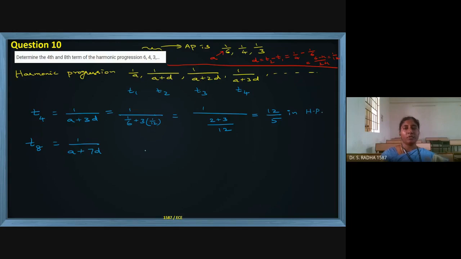Coming to the eighth term, 1 by 6 is the A value, plus 7 into D value 1 by 12. You make LCM in the denominator as 12. It becomes 2 plus 7, and if you invert, it becomes 12 by 9. If simplification is possible, we can do it. It is 4 by 3. In harmonic progression, this is the eighth term.